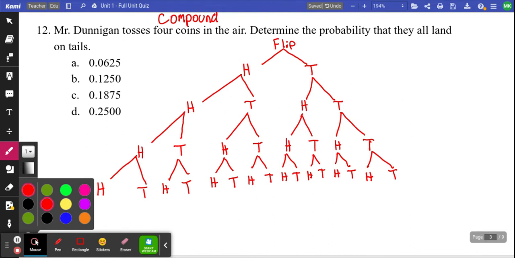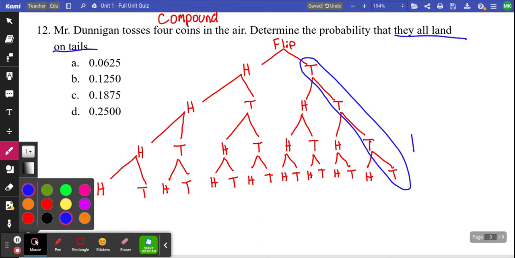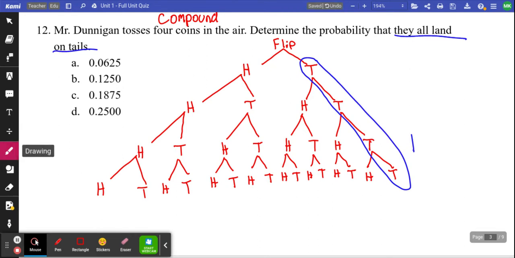What we wanted was the probability that they all land on tails. This is the only way I get tails. Tails, tails, tails, tails. There's only one outcome that I want to have happen. The number of possible outcomes here, though, is 1, 2, 3, 4, 5, 6, 7, 8, 9, 10, 11, 12, 13, 14, 15, 16 possible outcomes.